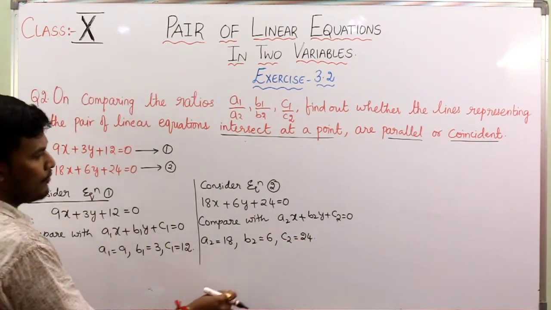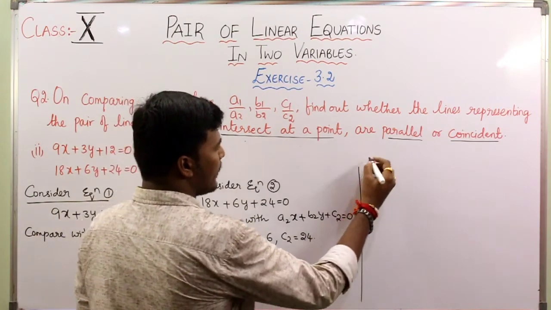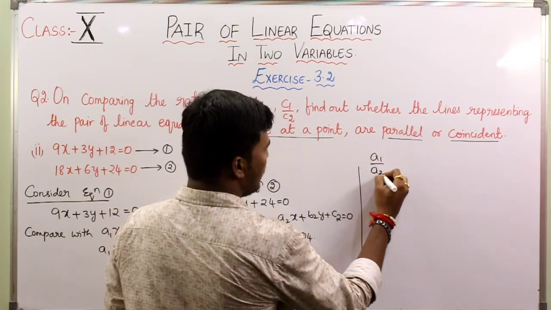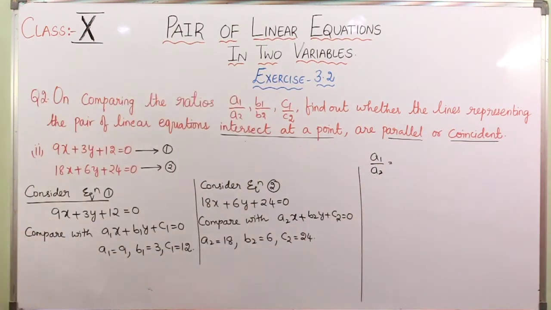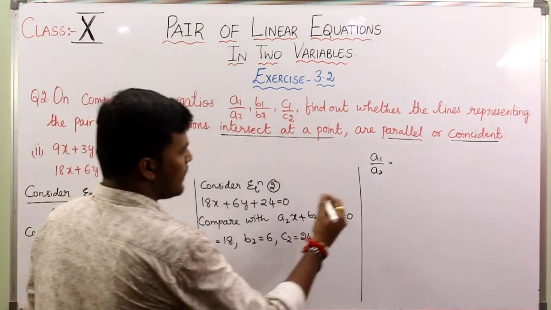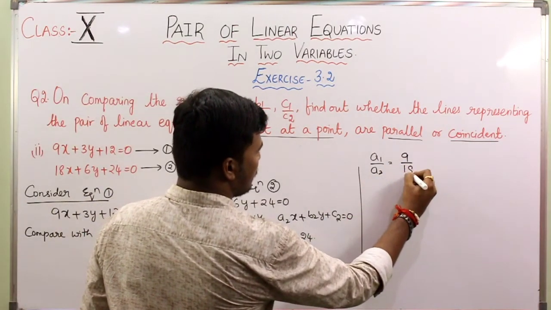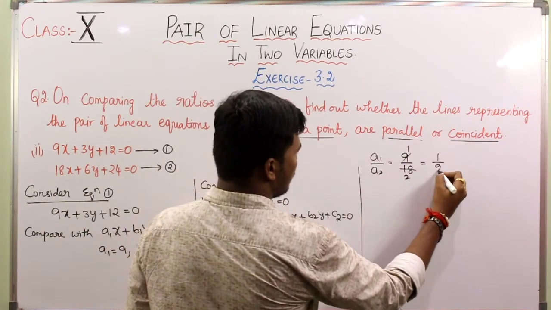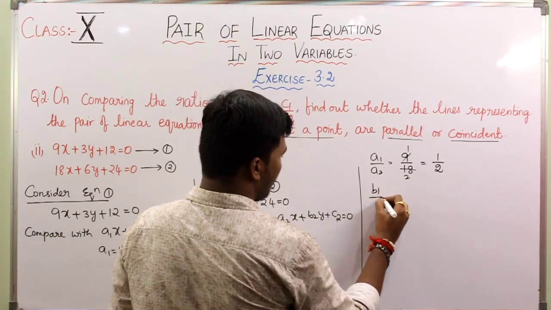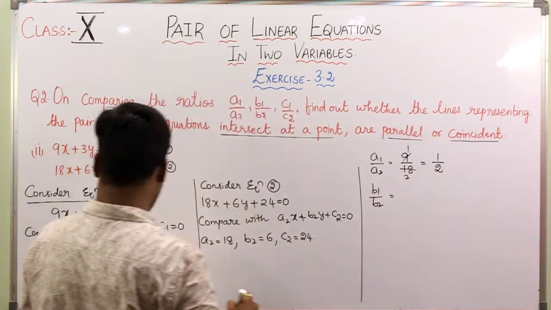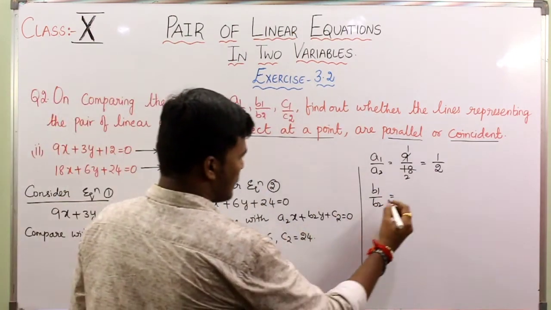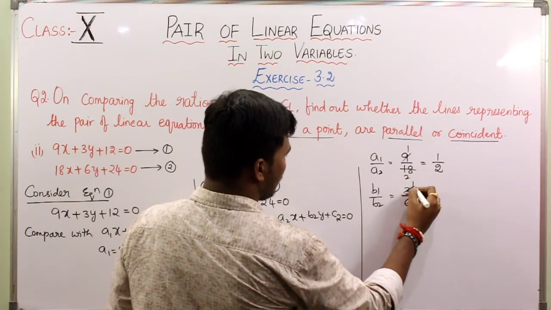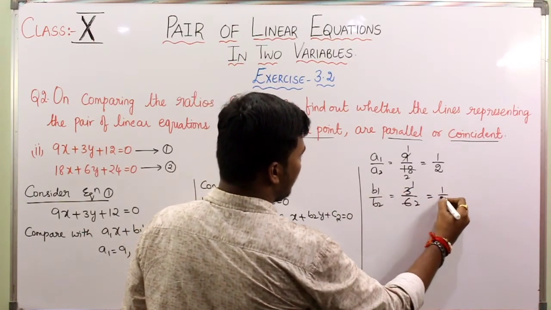After that, find the values of a1 by a2, which is equal to 9 by 18. Now I can cancel them: 1 by 2. Second, b1 by b2, that is 3 by 6. 3 ones are 3, 3 twos are 6, so 1 by 2.